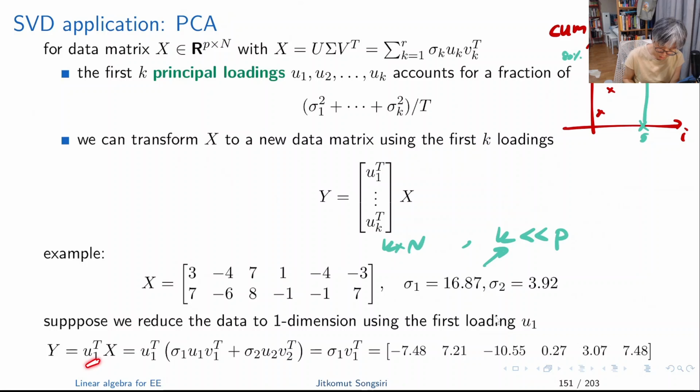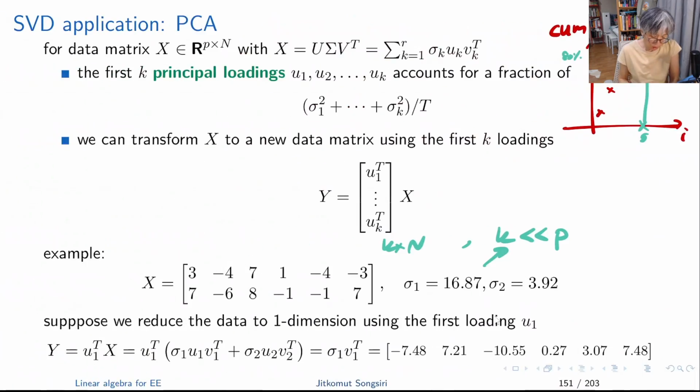So I take the SVD of X to get U1, and I transform with U1 transpose X. This is the SVD factorization of X. Because U is orthonormal, the norm of u1 is 1, so you get sigma 1 v1. The other term is orthogonal, so this term multiplied by this term will be 0. This is the new data matrix with lower dimension that you're going to use for further analysis.